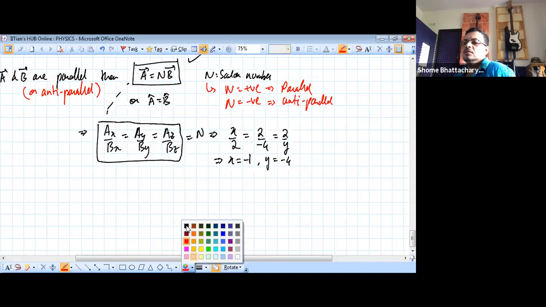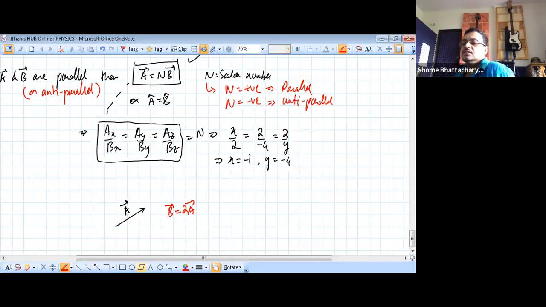So for example, if this is the vector A, and suppose we have another vector B, which is 2A, suppose. In that case, this vector B will look like this. It will be twice in magnitude, but along the same line.